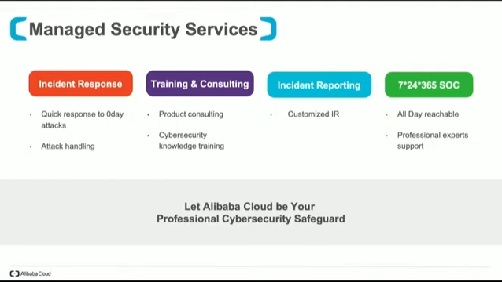And then after this, based on the customer requirement, we can provide the managed security service to have incident response, training and consulting, incident reporting, like after an incident, what happened, how did it happen, etc. Customized incident review. And then a 24/7, all year round, security operations center to provide a fully end-to-end managed security service.